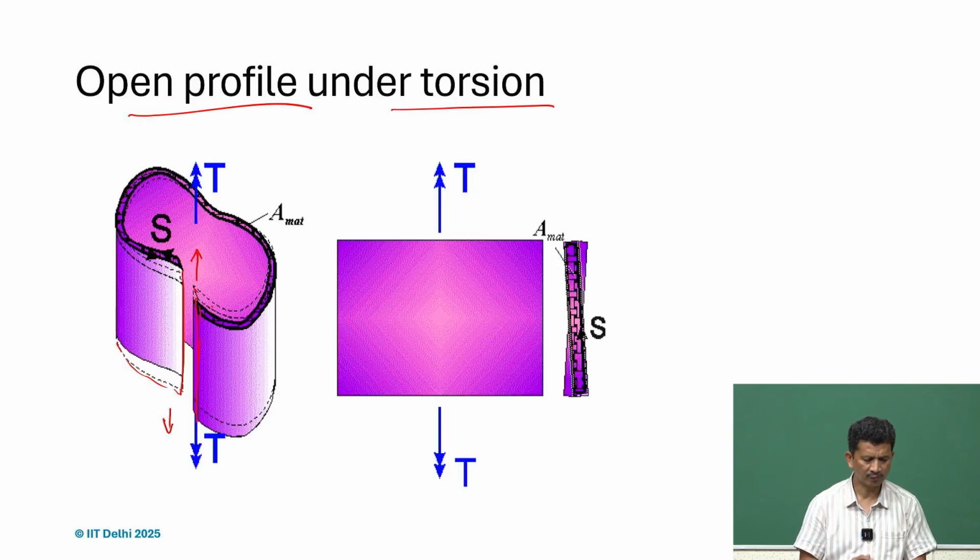If we compare an open-profile tube under torsion, it is very similar to a thin sheet under torsion, so that's why we compare.